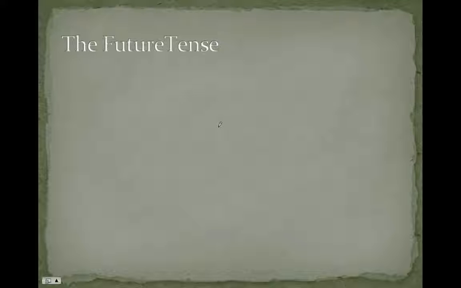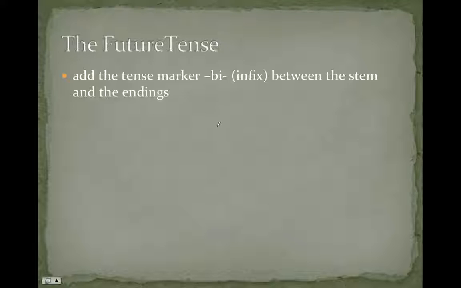And in the future tense, I will love, we're going to add the tense marker BI between the stem and the endings. The only catch here is there's going to be some shifting of that I that will occur. The I, in the majority of persons and numbers, we're going to see that BI, but there are going to be situations where we don't, and it's best just to memorize these.